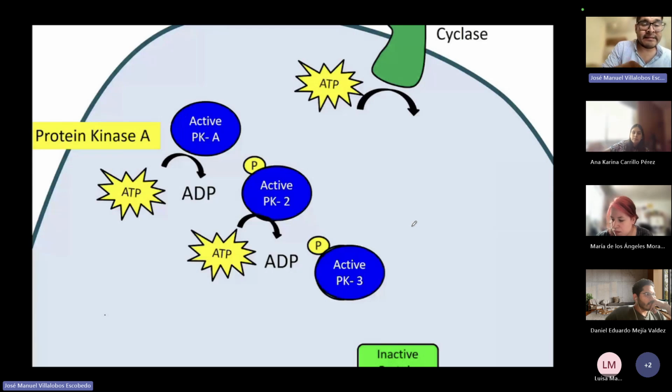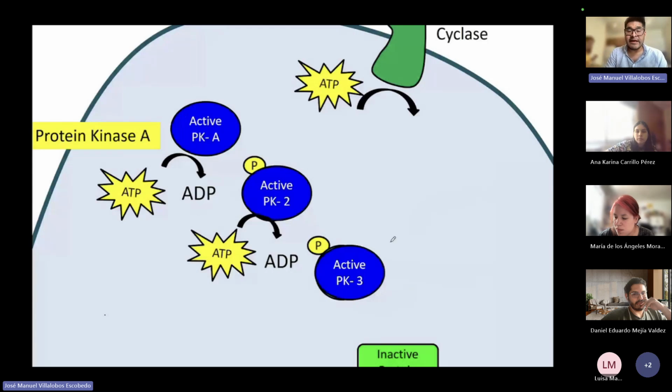This ATP gives a phosphate to the kinase, which activates another kinase with this phosphate and shares it, and at the end you finish with a MAP kinase with many phosphates. And with this energy, with this molecule, we are able to activate transcription factors.